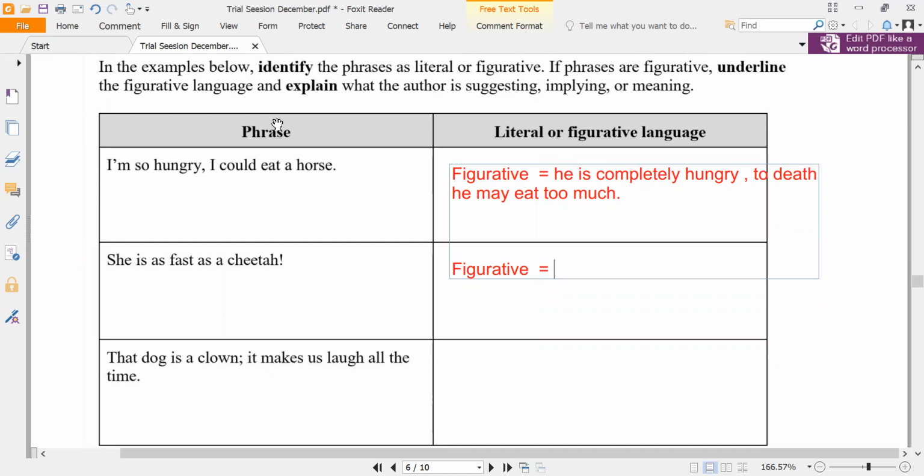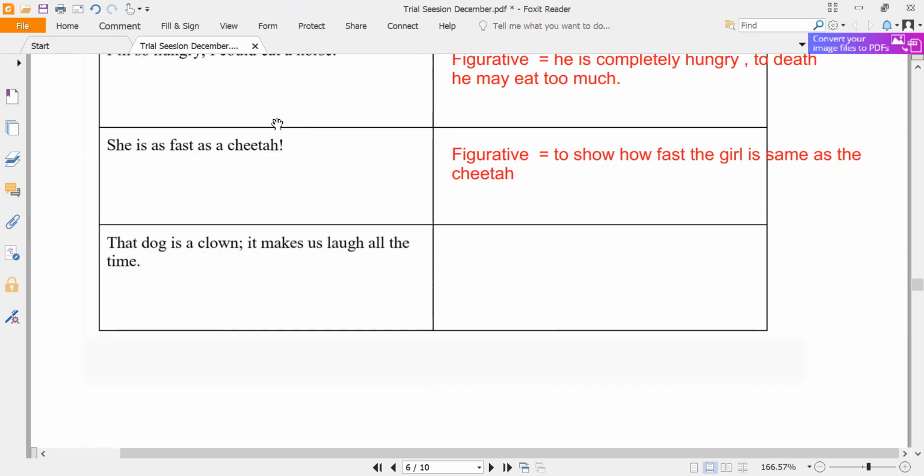Why did he use this expression, to show what? To show that she is very fast. Exactly, to show how fast the girl was or is, same as the cheetah.